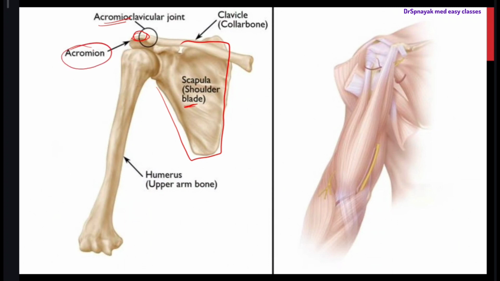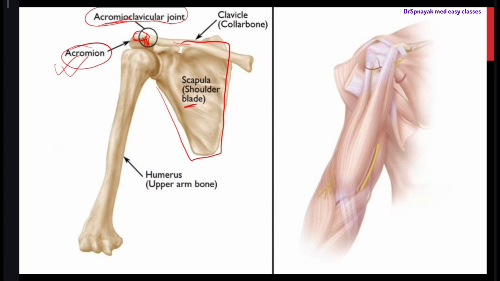Acromion is the process of this scapula bone, and this clavicle is coming and joining on the acromion. As the clavicle joins the acromial process of scapula, it forms a joint here. That joint is called acromioclavicular joint. Simple. Joining of acromion and clavicle is called acromioclavicular joint.